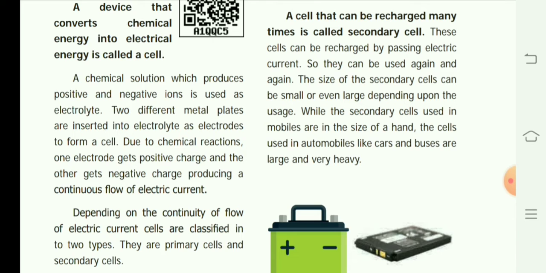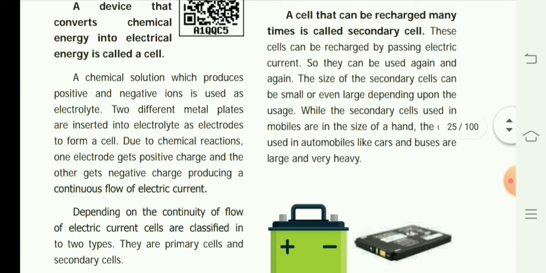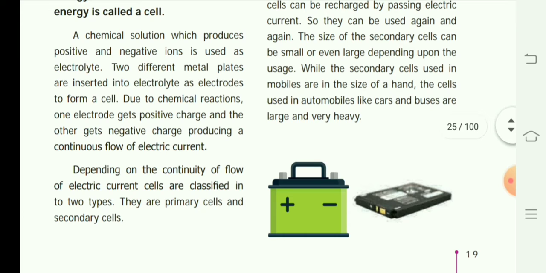Two different metal plates are inserted into an electrolyte. Inside the battery, two metal plates are inside the electrolyte as electrodes to form a cell. Due to chemical reaction, one electrode gets a positive charge and the other gets a negative charge, producing a continuous flow of electric current.